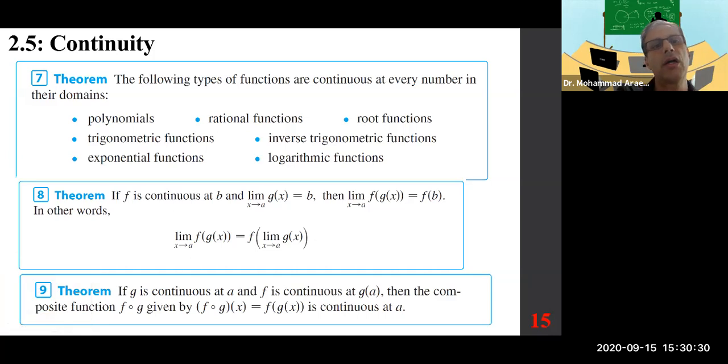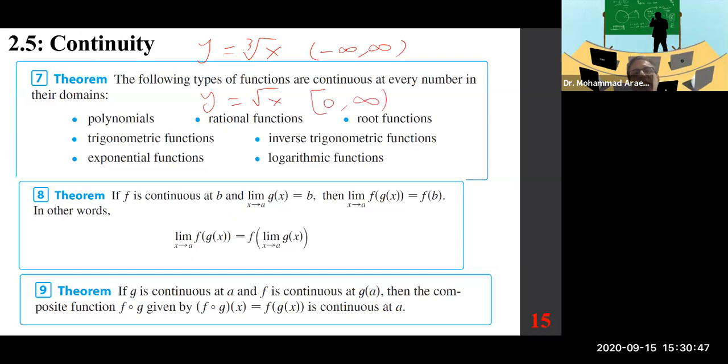If you have y equals cube root of x, I hope you see that the domain is all real numbers because the index is odd. But if you have y or f of x equals square root of x, then it's from 0 to infinity. So you got to be able to come up with that. That's the idea of domains. You have to know the domains.